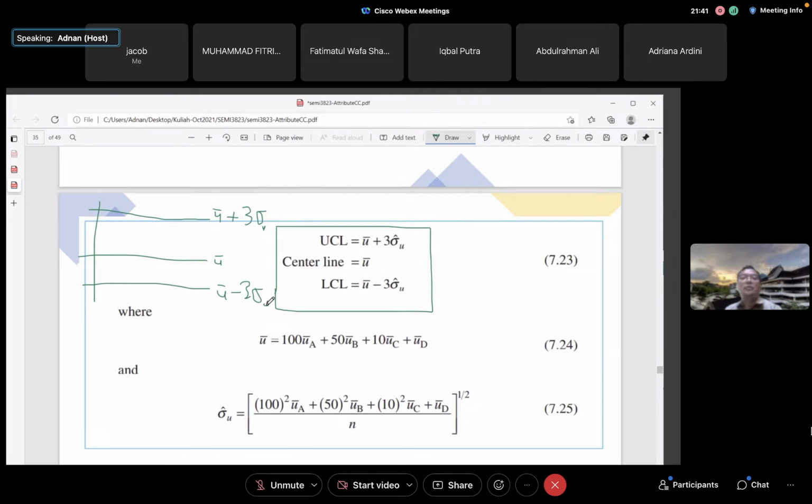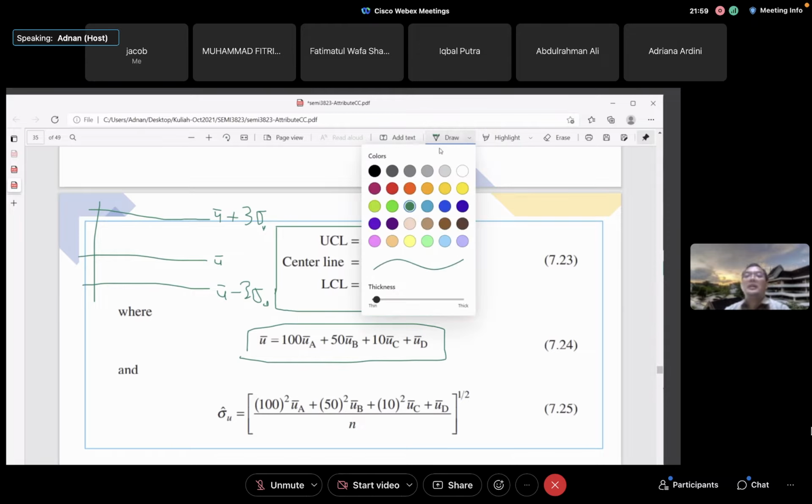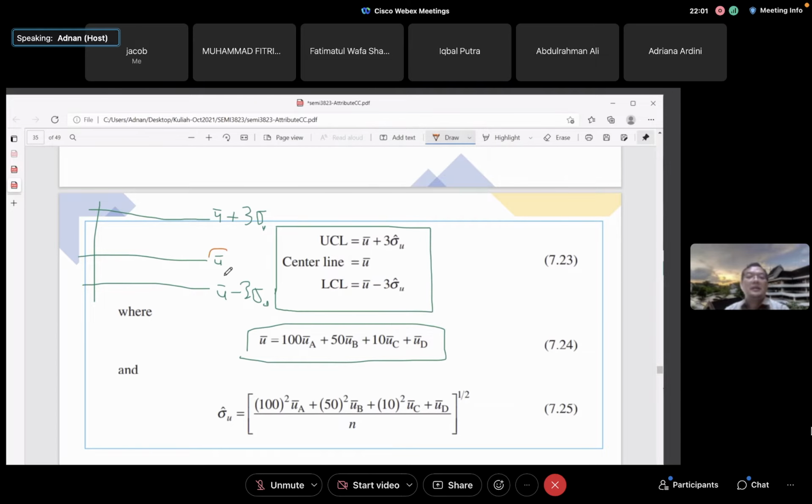So we need to know how to get the U. For the central line, this is how we can get it: the weighted demerit point. This central line is the central line calculated, which we get from here, weighted 100 for very serious, moderately serious, and so on.